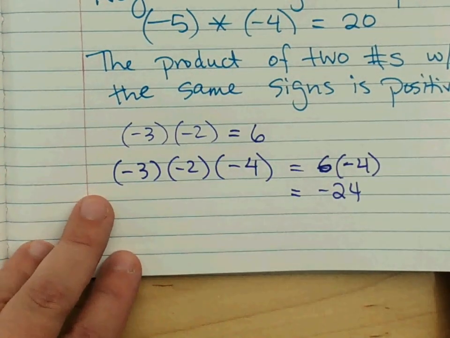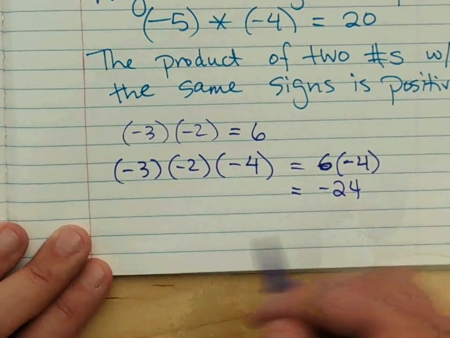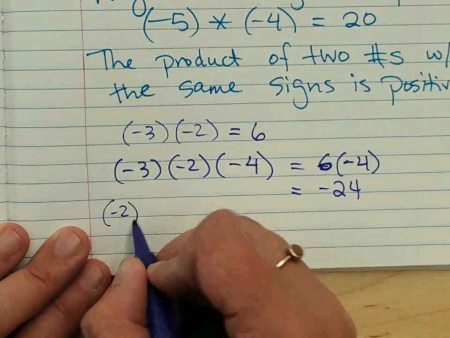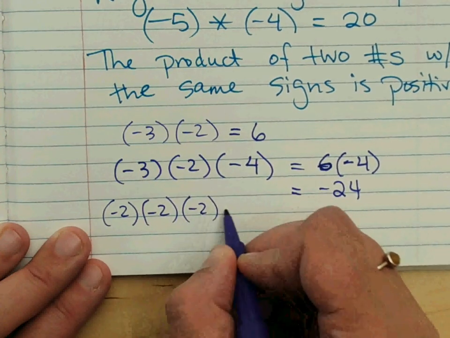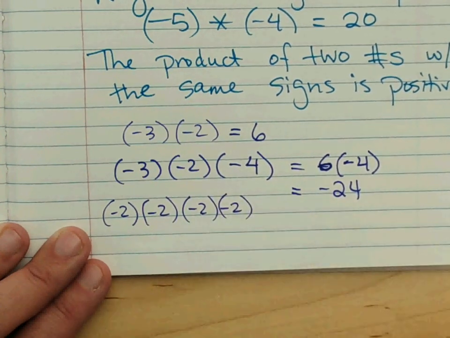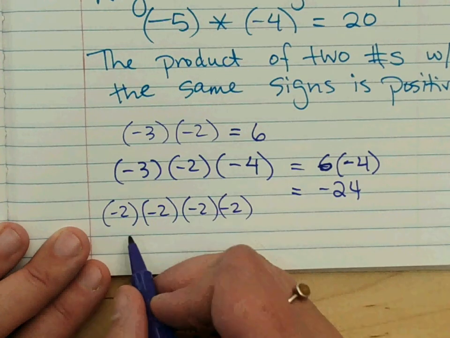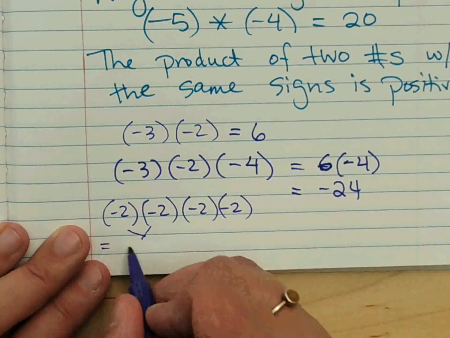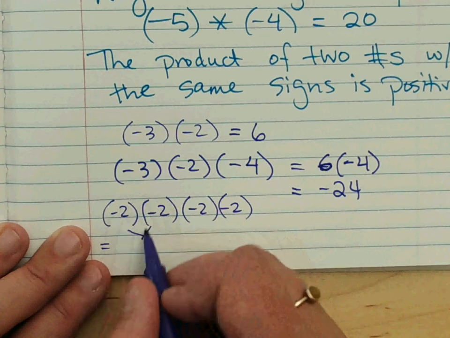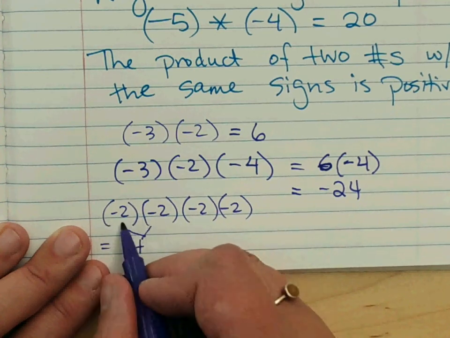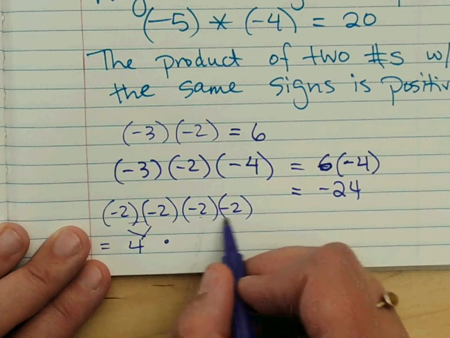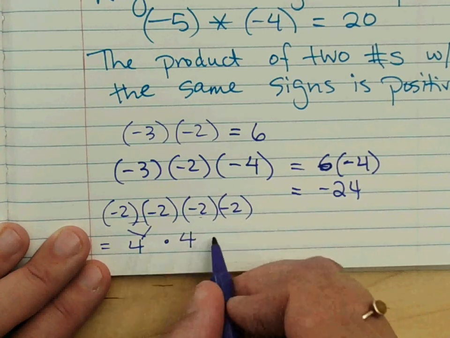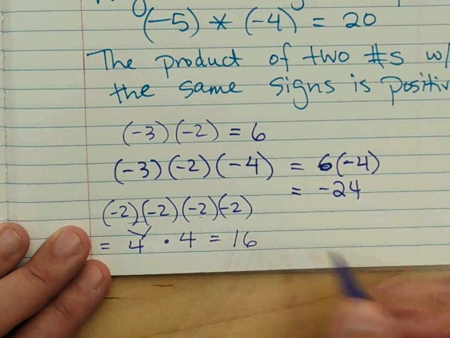Okay. All right, so what about this one? If I have 4, negative 2 times negative 2 times negative 2 times negative 2. What's negative 2 times negative 2? 4, positive 4, right? 2 negatives. Times, now we have 2 more. That's a 4. What's 4 times 4? 16.